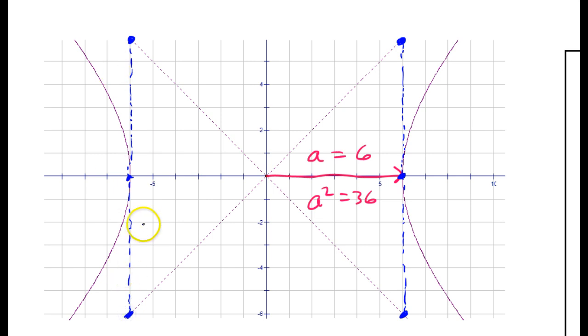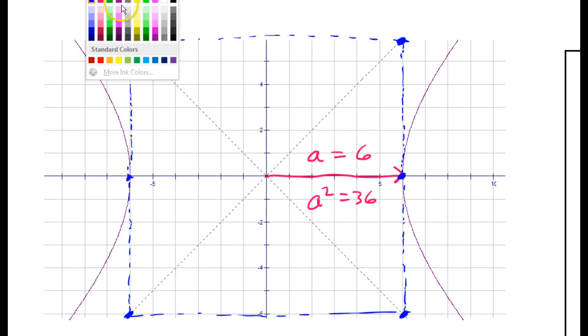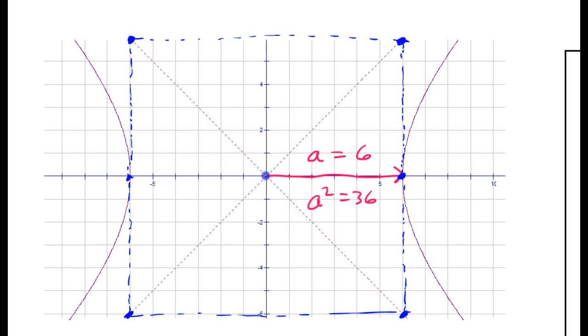So that's it for these sides of the rectangle. Now all I have to do is draw my way across the top and the bottom, and you've got your rectangle. Notice how the asymptotes are the diagonals of the rectangle. That's how I knew to stop right here. Now I can see what the b value is going to be, because the b value is the distance from the center to a covertex.